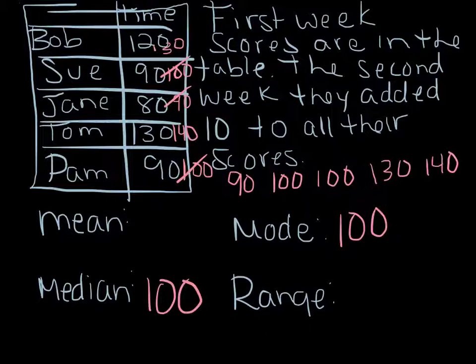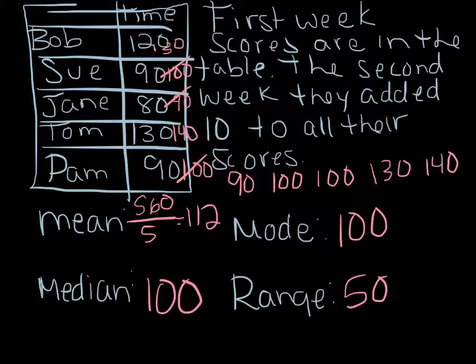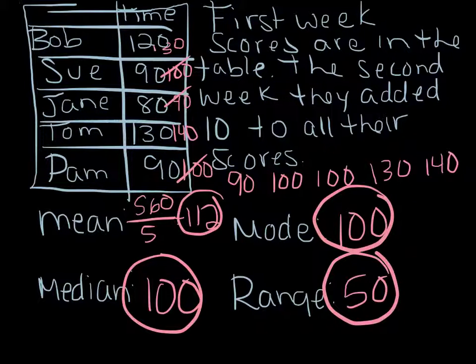My range is going to be 140 minus 90, which just gives me 50. And when I add them all up, I get 560. And I'm going to divide that by 5, which gives me 112. So there's my 5 values.